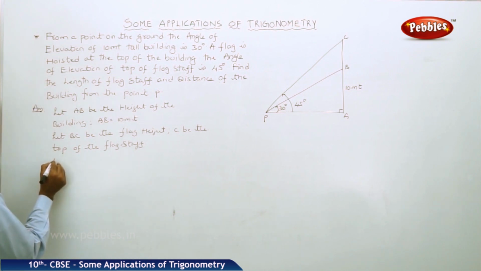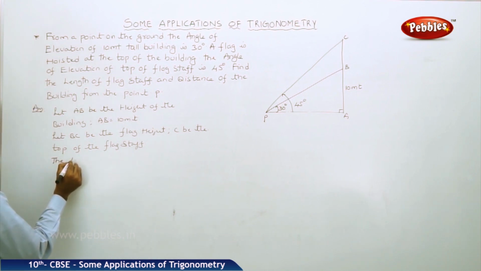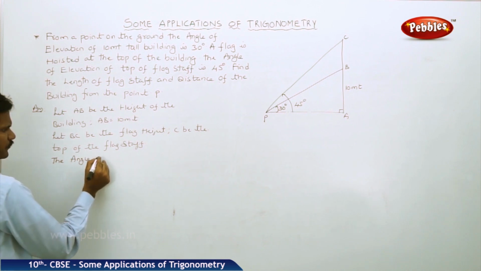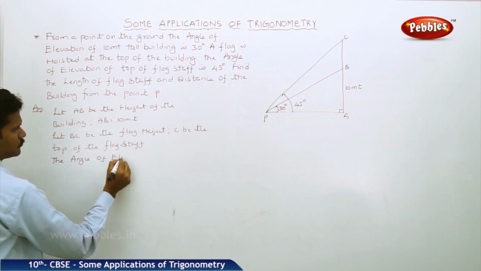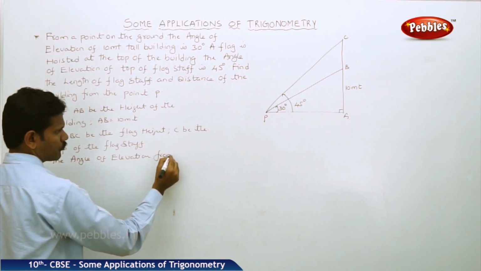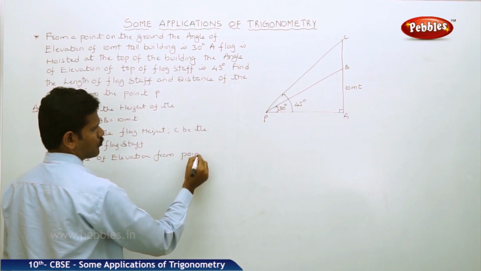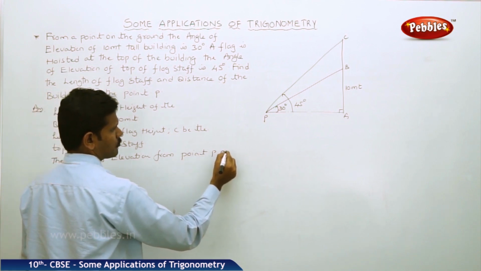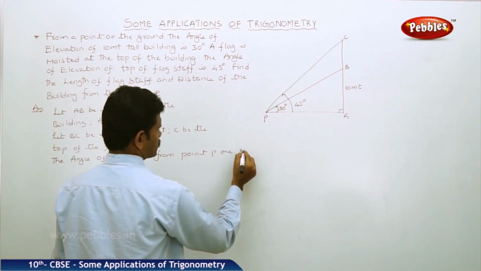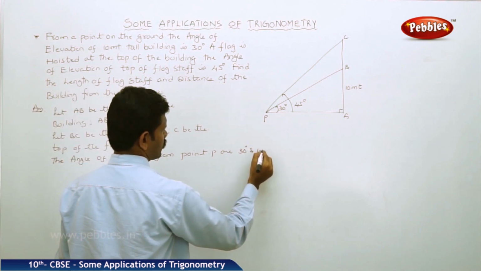Now the angles of elevation from point P are 30 degrees and 45 degrees.